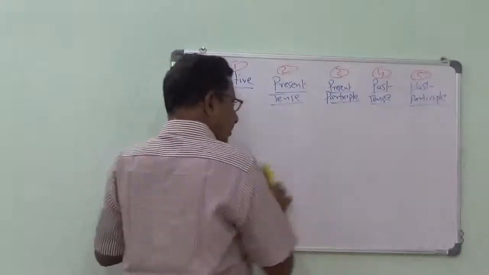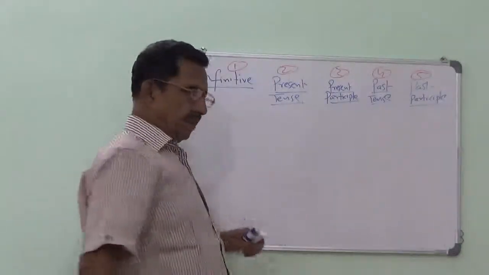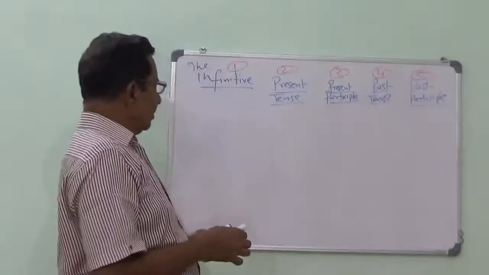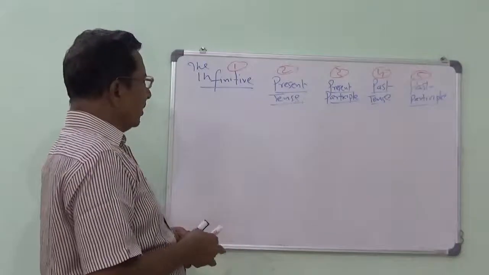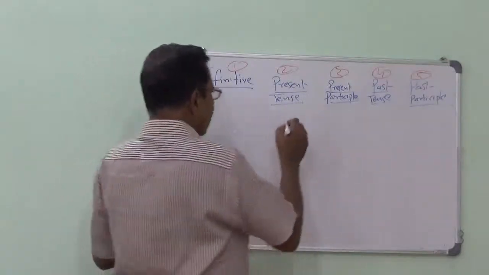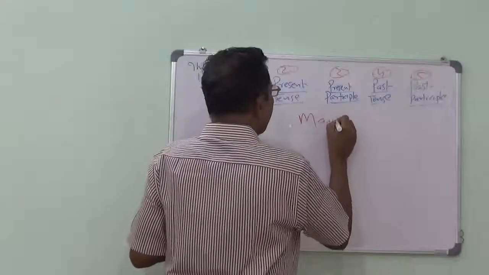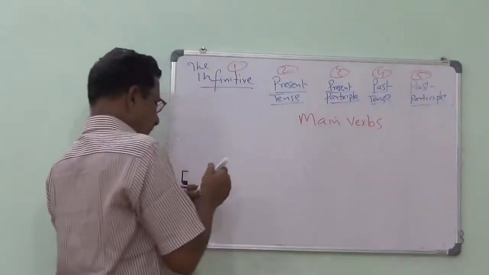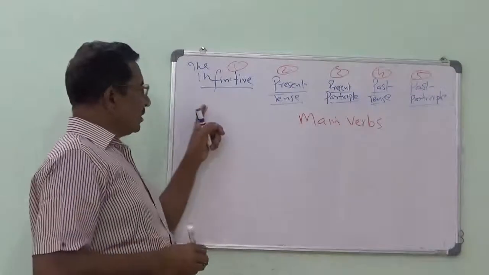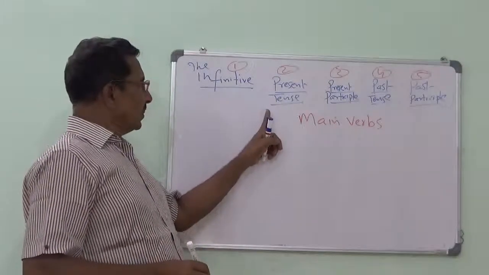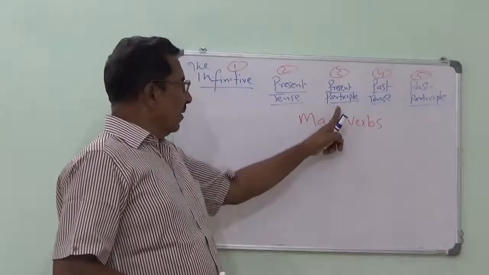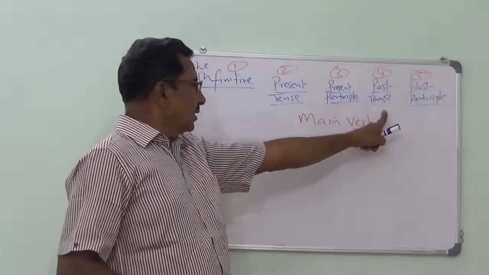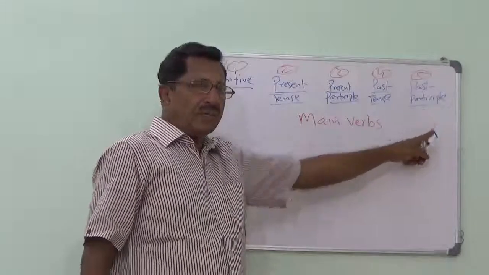What I have told you today, I will sum up for you so that you won't forget. Verbs in English, we are talking about the main verbs. Main verbs in English have got 5 forms. First form is the infinitive, second is the present tense form, third is the present participle form, the fourth is the past tense form, fifth is the past participle form.